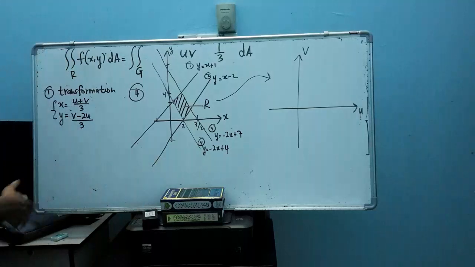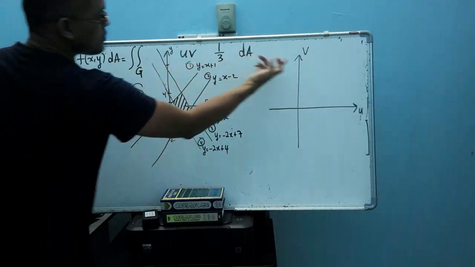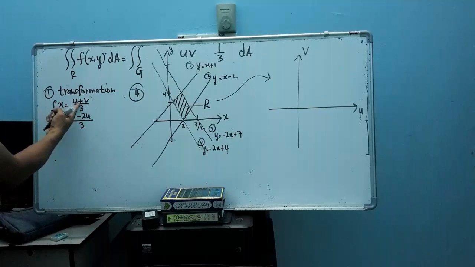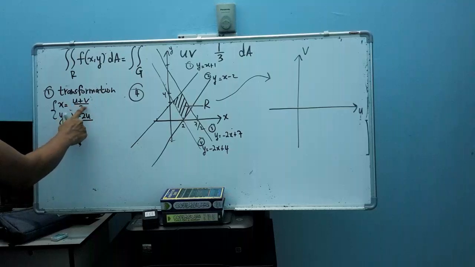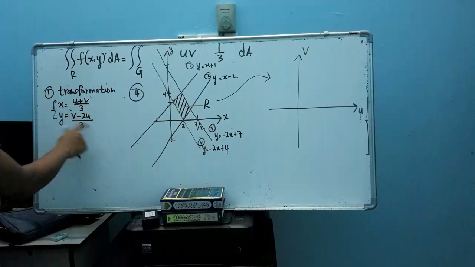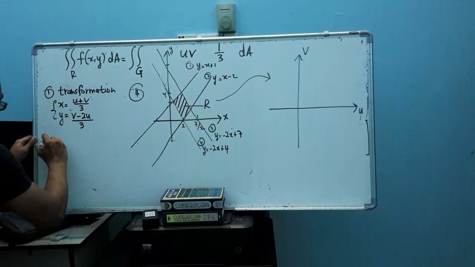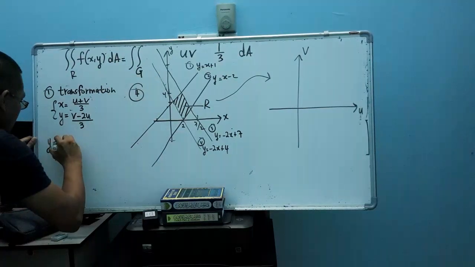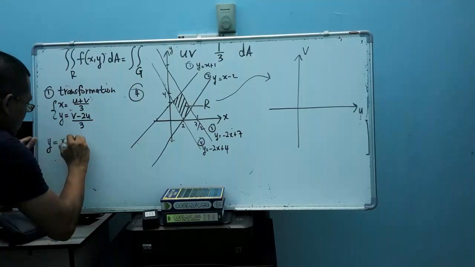How can we transform this line into the UV plane? Since we have this transformation, x equals u plus v over 3, and then y equals v minus 2u over 3. I consider this one first, y equals x plus 1.